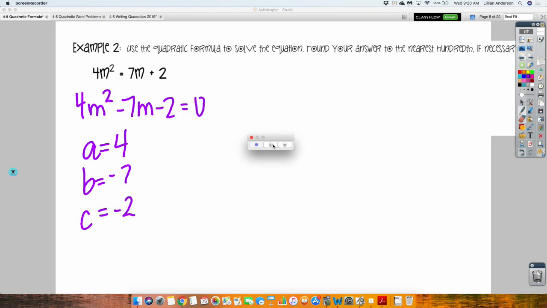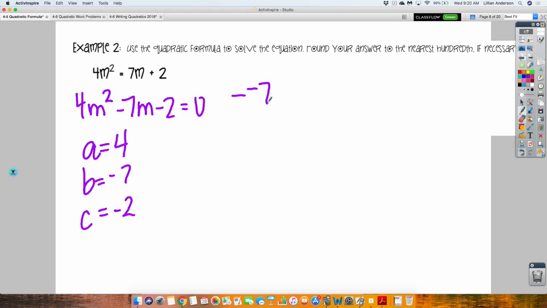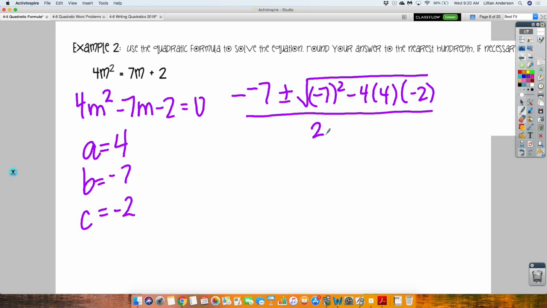So, for this one, you should have had x equals negative 7 plus or minus the square root of negative 7 squared minus 4 times a times negative 2. A is 4. Then times 2 times 4. 2 negatives make a positive.